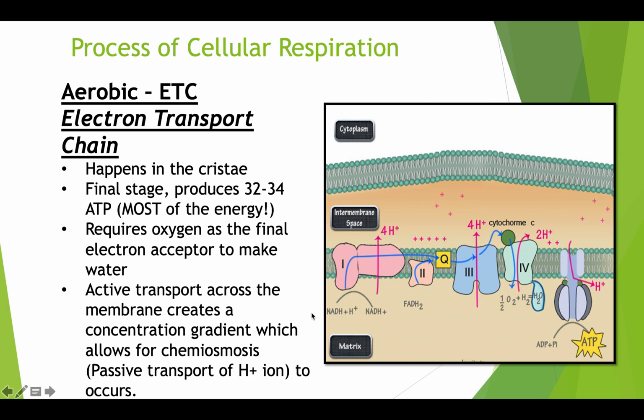So what the ETC, or the electron transport chain, is doing is creating a concentration gradient. So it's using active transport to get ions from one side to the other. That way the hydrogen positive ions passively transport inside of the matrix.